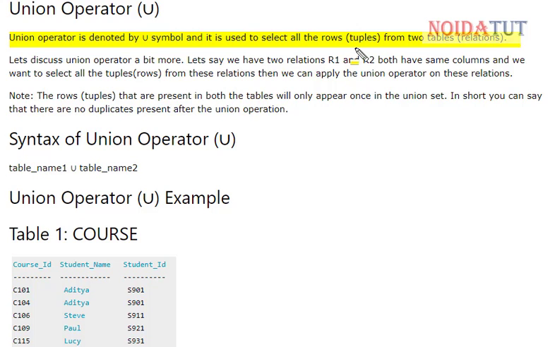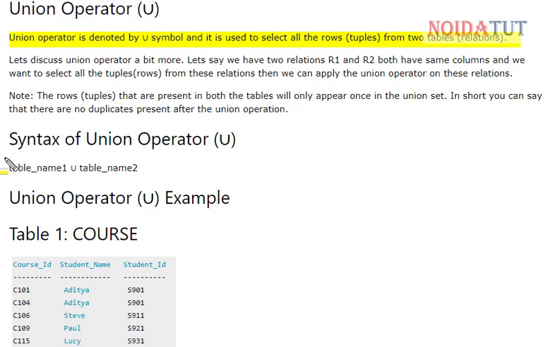When we say that we have two relations R1 and R2, both having the same columns, and we want to select all the tuples from these relations, then we can apply the union operator to these relations. Note that the rows that are present in both the tables will only appear once in the union set. In short, you can say that there are no duplicates present after the union operation.